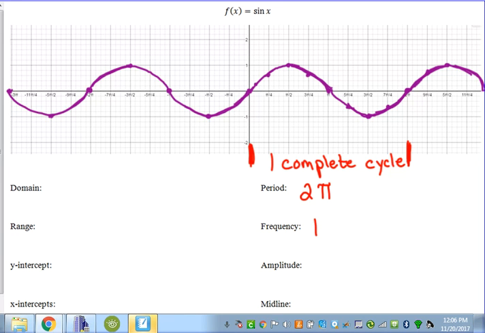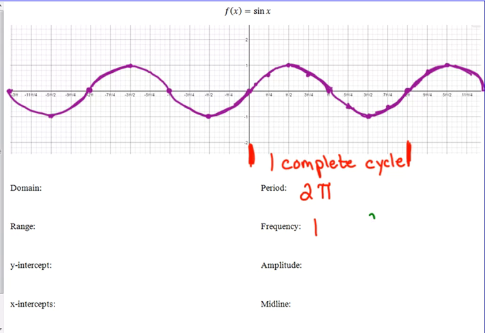Now, I want you to make a note about this. If you had to calculate it, it would be 2 pi divided by the period. That's how you find the frequency. So in this case, the period is 2 pi, so 2 pi divided by 2 pi is 1.